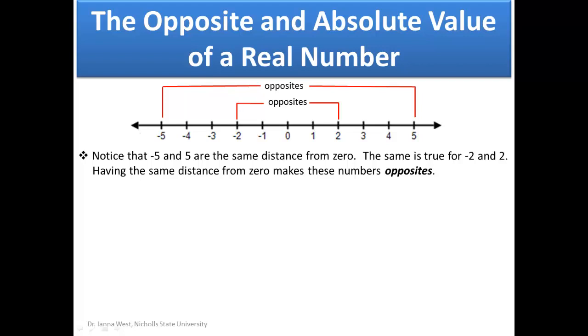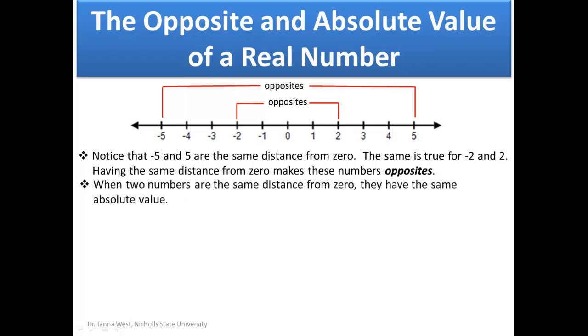Equally important is the fact that when two numbers are the same distance from 0, they have the same absolute value. The absolute value of a number is the distance the number is from 0.